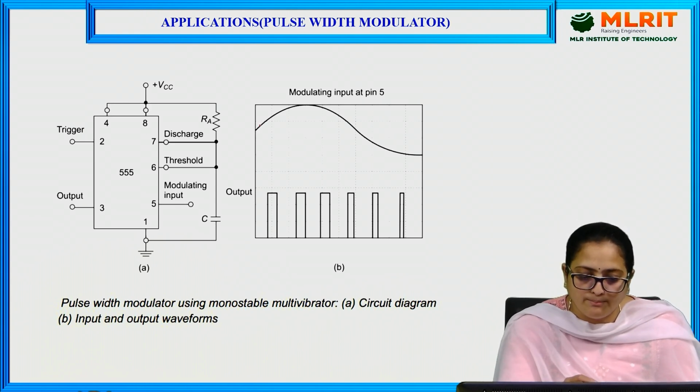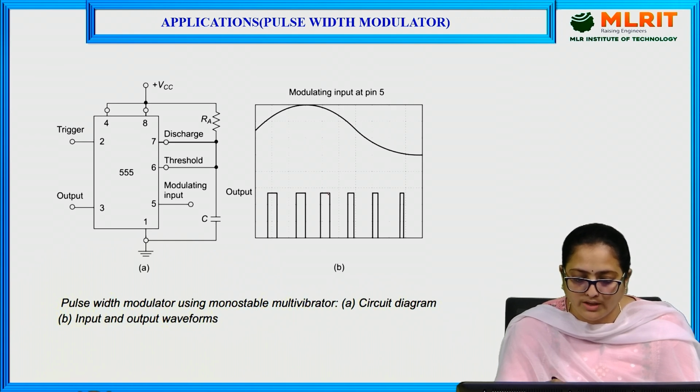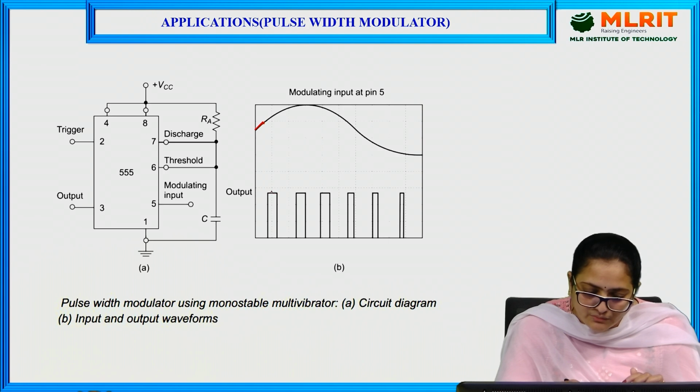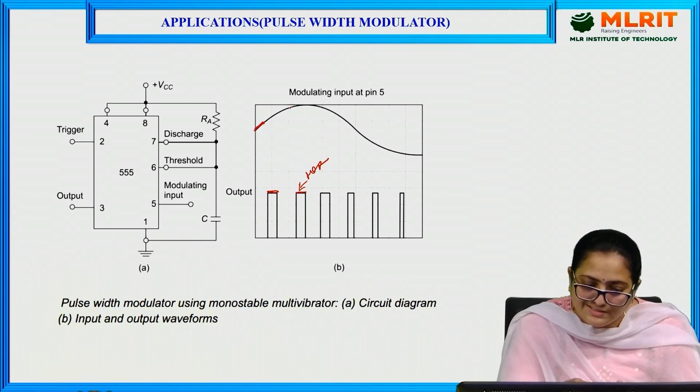Based on the amplitude of your modulating signal, the width of the pulse is going to increase. See here, as the amplitude goes on increasing, the width of the pulse here is more compared to the other pulse, because the amplitude of the modulating signal is high here compared with this point.